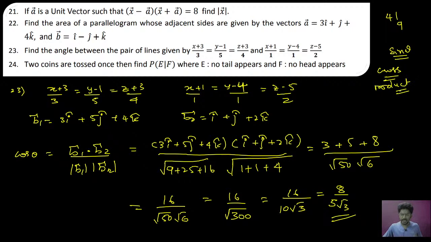Usually, if they want to ask sin theta, they will mention in the problem, find sin theta. So you use the cross product formula, that is A cross B equal to mod A mod B sin theta n cap. So sin theta equals mod of A cross B divided by mod of A into mod of B. Okay. So with that you can get the sine of the angle.